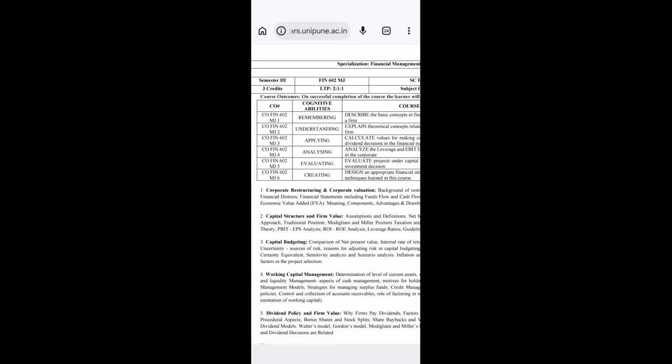Because when you are doing production, there are some things which are not necessary and some things which are relevant and very important. So how you're going to adjust all these things is nothing but your economic value added statement.